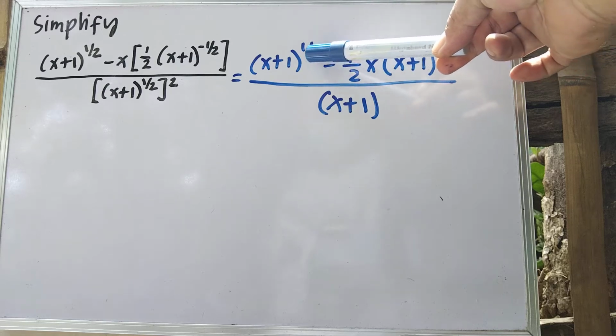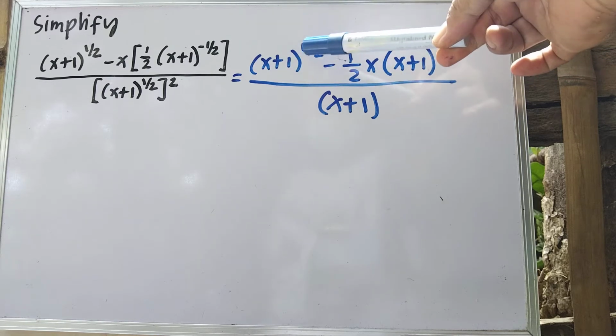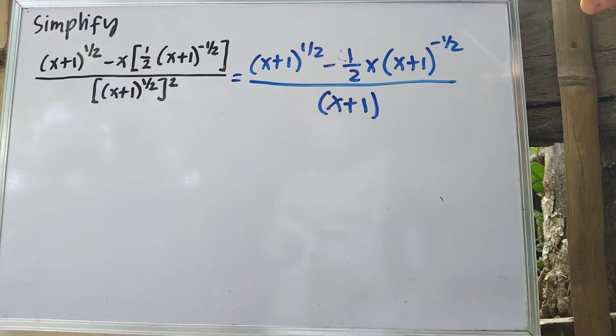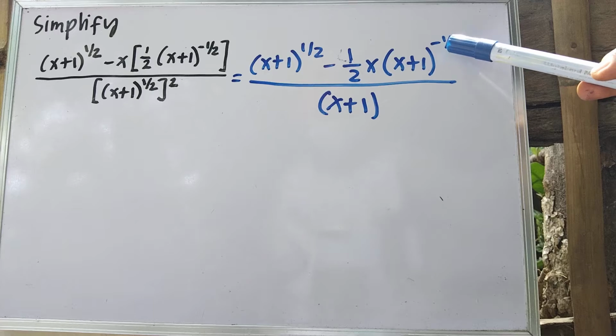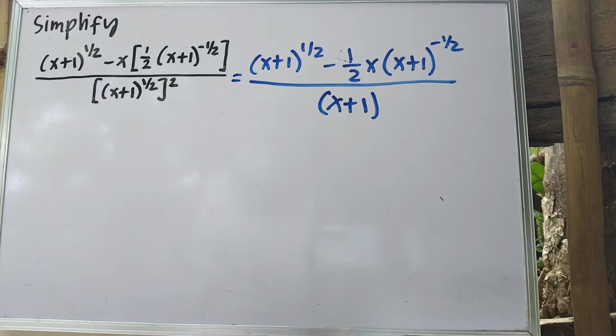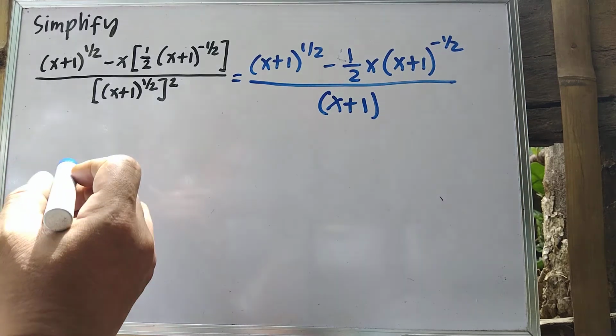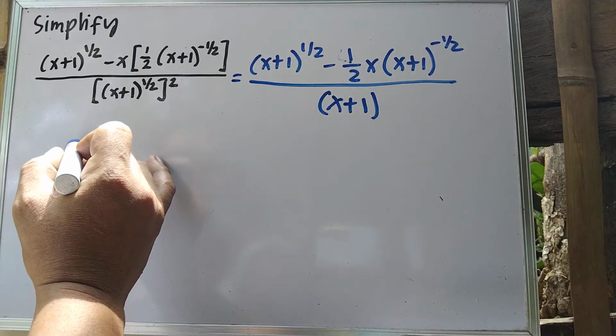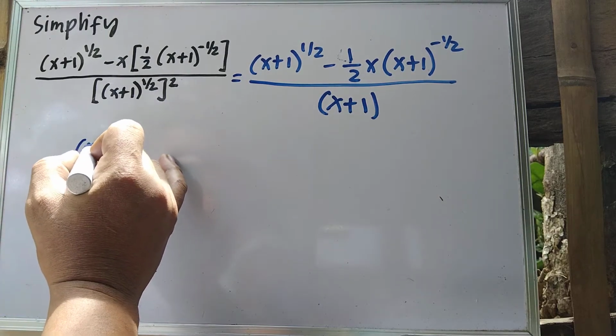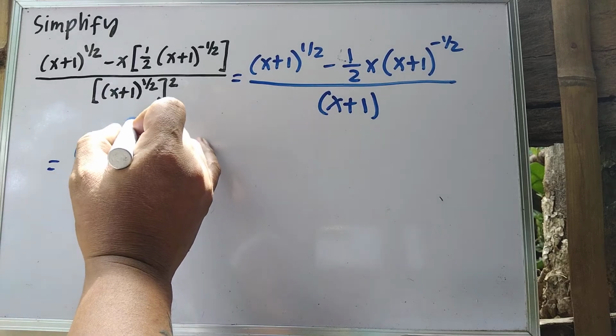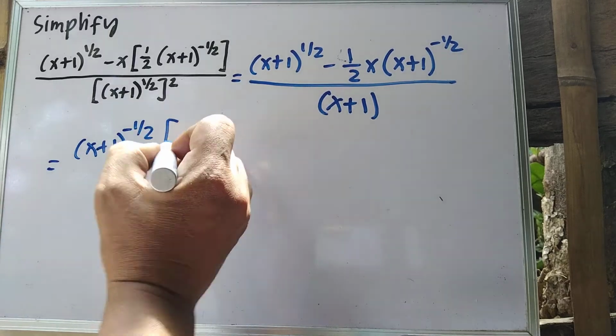This one is raised to a positive 1 half, and this one is raised to the negative 1 half. Now, if that is the case, we can recall factoring by removing the common monomial factor. So we remove the one with the smaller, negative exponent. So what will happen there is you have x plus 1 to the power of negative 1 half. Then we enclose that one.